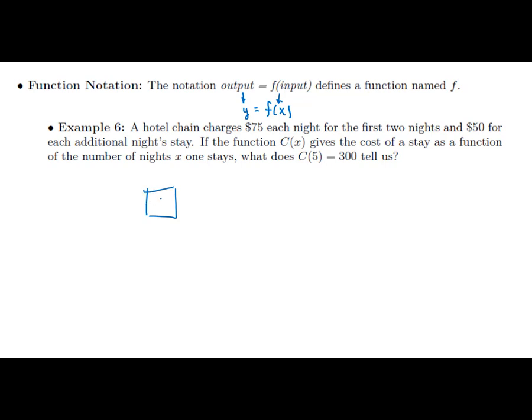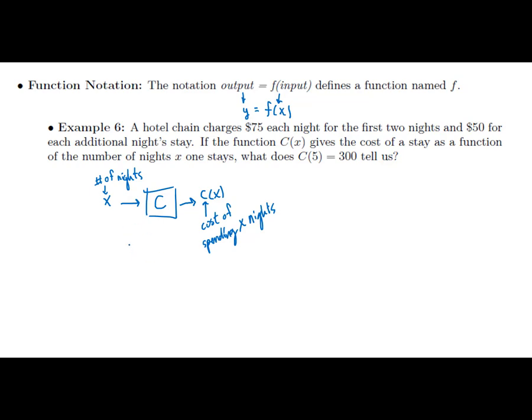So we've got this function c, okay? c is a function of x, right? And x is the number of nights that you stay. So what we're doing is we're taking x, which is the number of nights, we're sending it into c, and then it comes out as the output c of x, which we know is the cost of spending x nights at the motel.